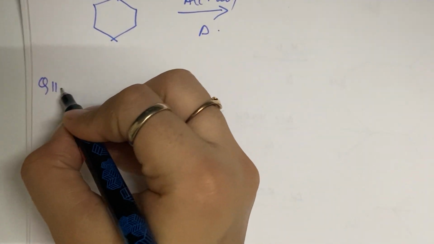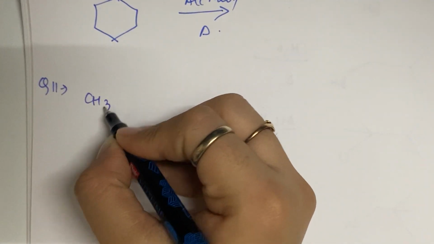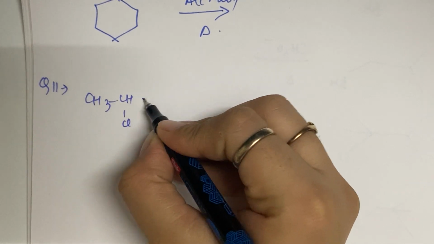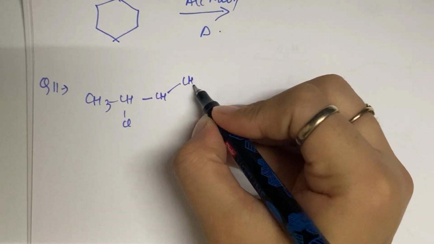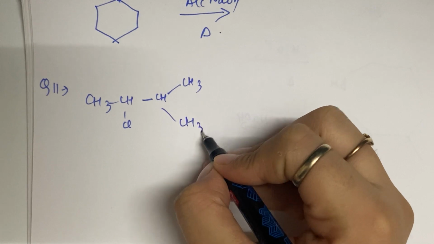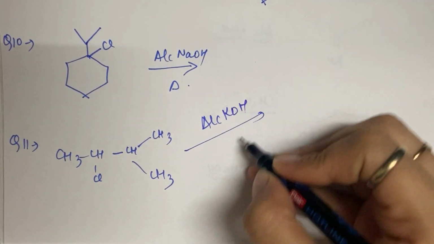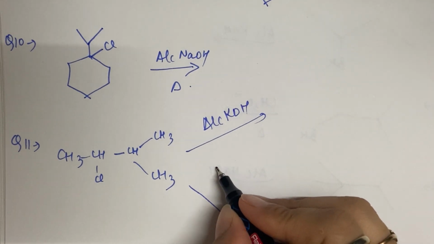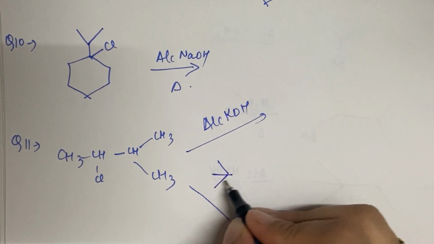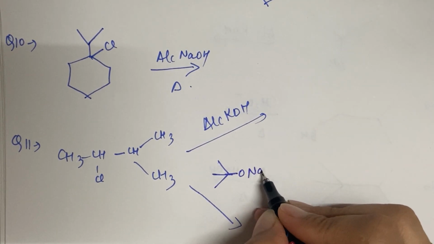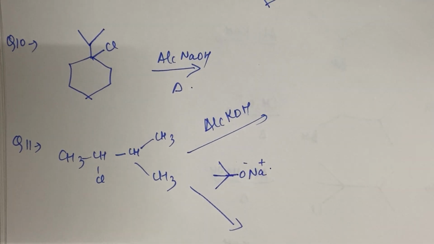After this, question number 11, CH3, CHCl, CH, CH3 and CH3. You're reacting this with alcoholic KOH as well as with this compound, O minus Na plus.